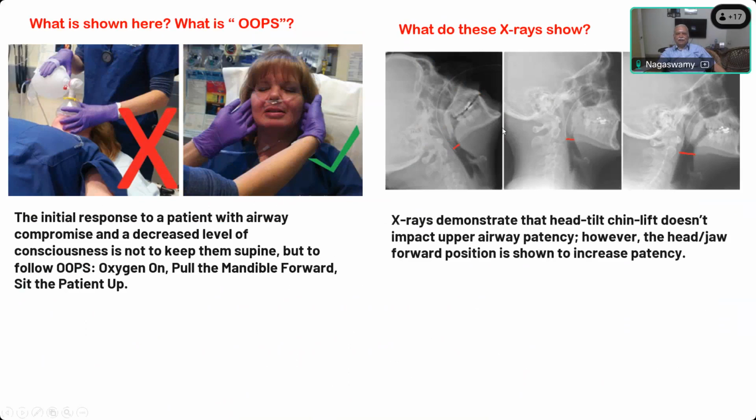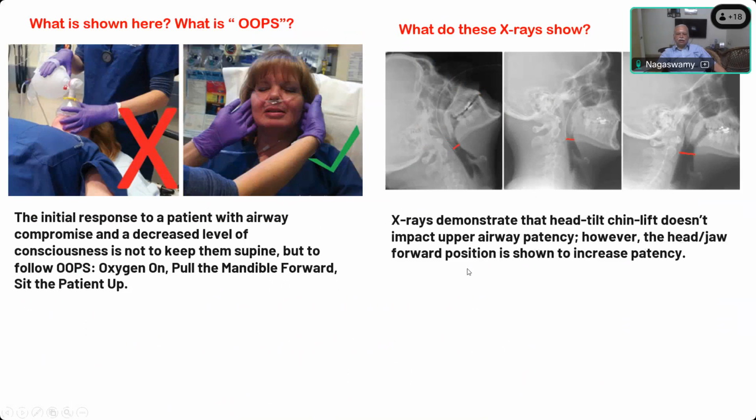That is the reason why I think it is apt that I chose this picture here, because Sanjutha mentioned that you can give head tilt and chin lift, which is a customary way where we are trained to open up the upper airway. And they have proved by taking X-rays that head tilt and chin lift does not impact the upper airway patency.